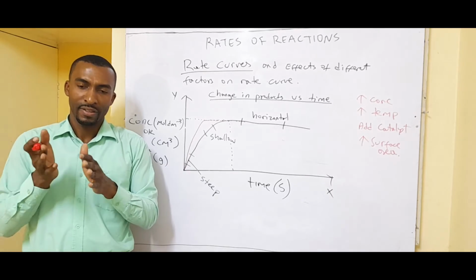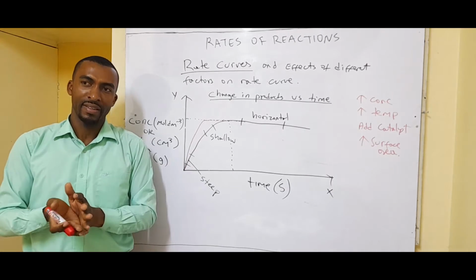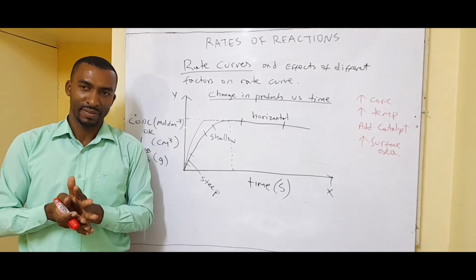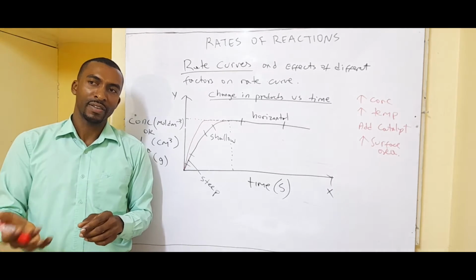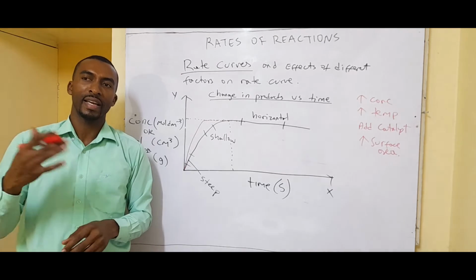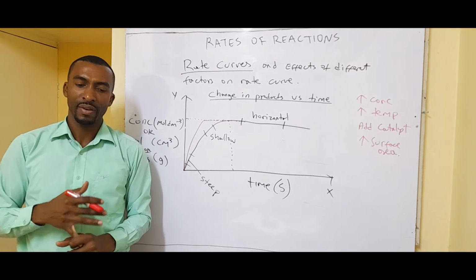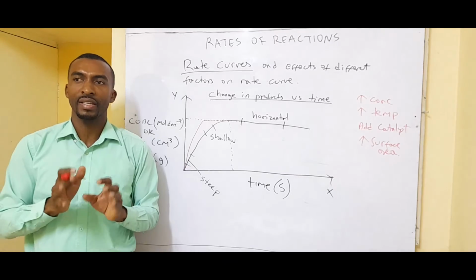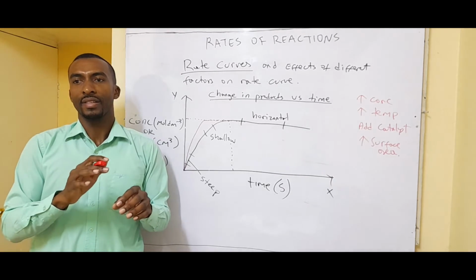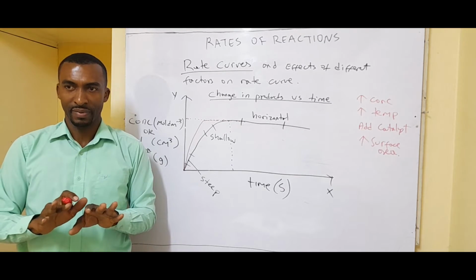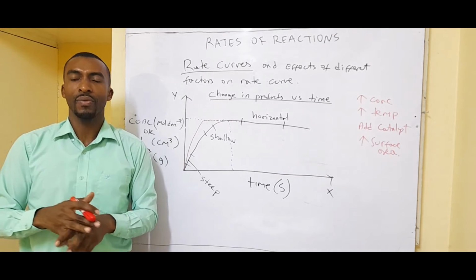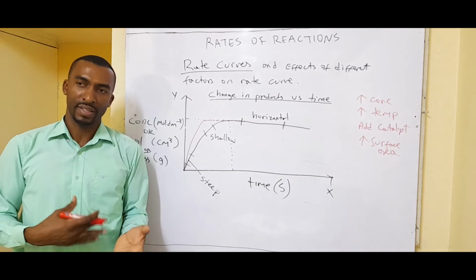The one that's used up and finished completely, that's called the limiting reagent. The one that is left over is the one in excess. So whenever you talk about limiting reagent, it's actually the reactant that is completely used up in a chemical reaction, while the one in excess is the one that is left over after the reaction is complete.